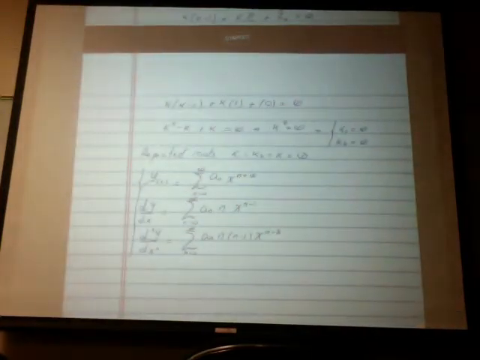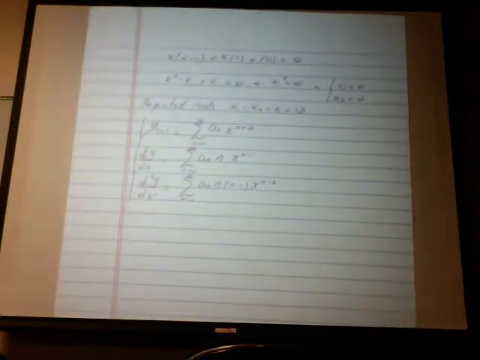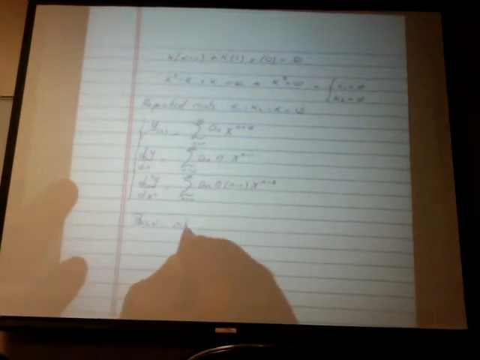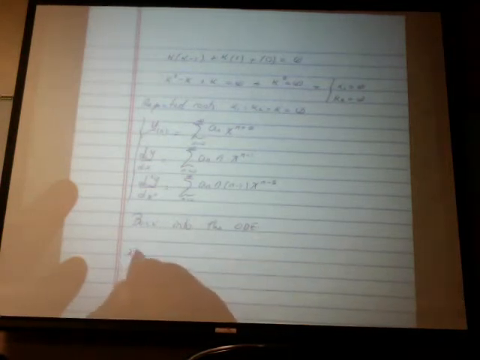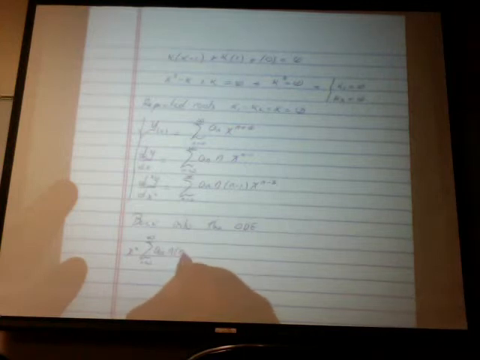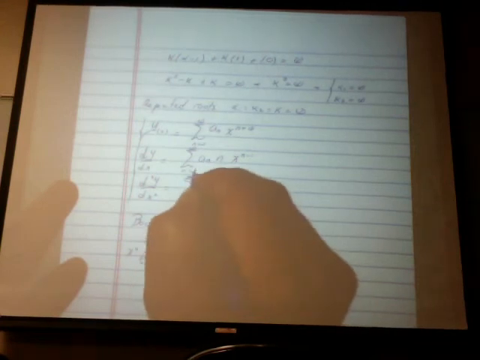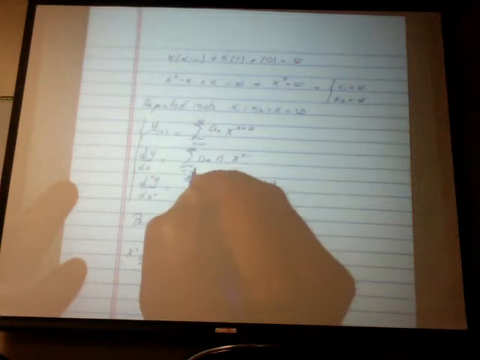So we take that and we plug it back into the ODE. The ODE looks like x squared times the second derivative, so that's summation from n equals 0 to infinity of an times n times n minus 1 x to the n. And by the way, this is 1 and this is 2. Mistake.